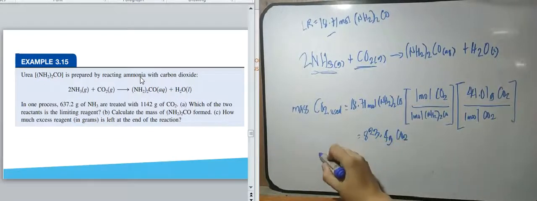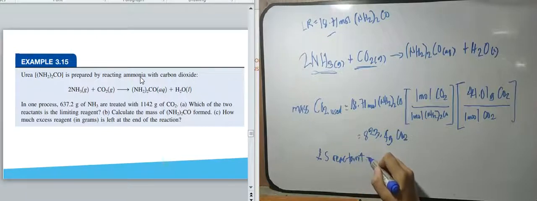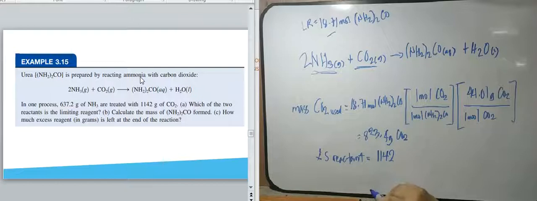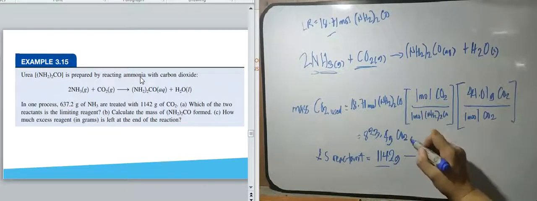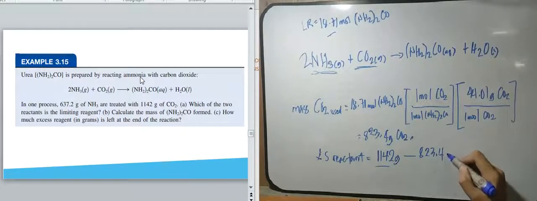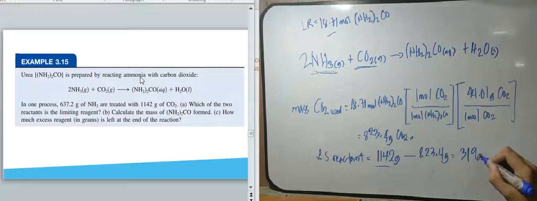So the excess reactant is 1,142, the starting material, the given amount, minus the amount used, 823.4 grams, which is equal to 319 grams.